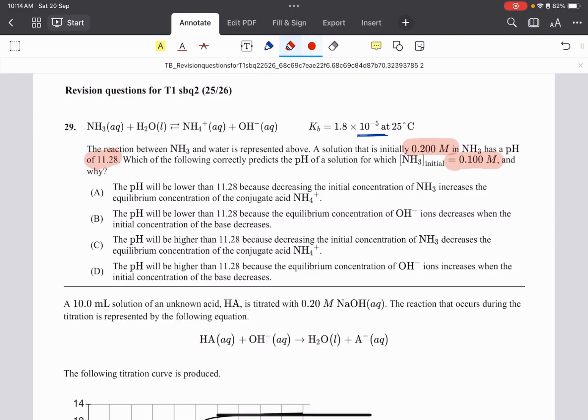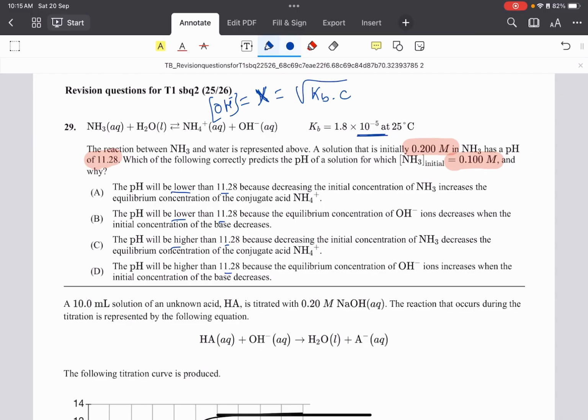Now I can do the fast way in calculating x if I do the ICE table. But here they are not giving me the value, they're just comparing it. Now if that makes you comfortable, x here is OH minus, and it's the square root of Kb times the initial concentration. You can just do this and choose the best choice.